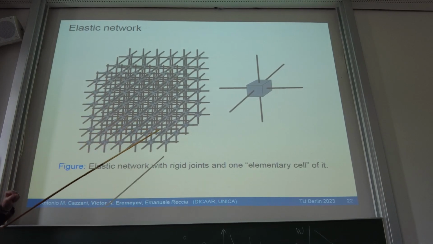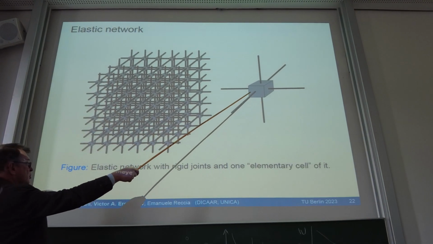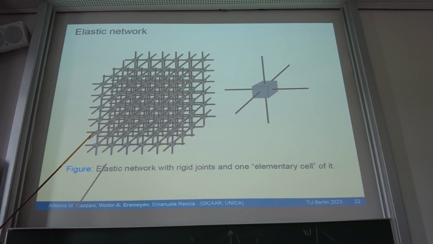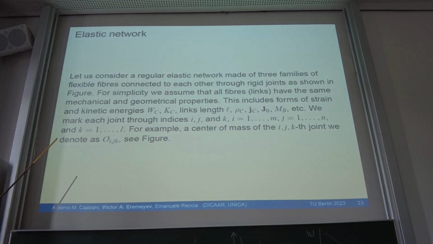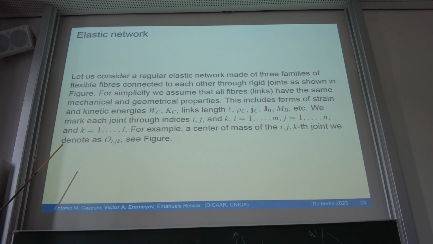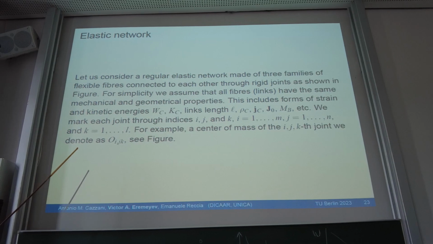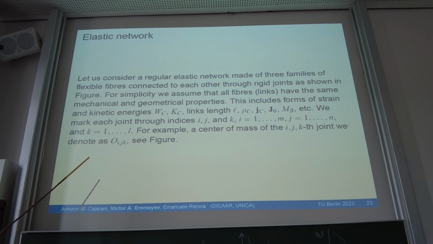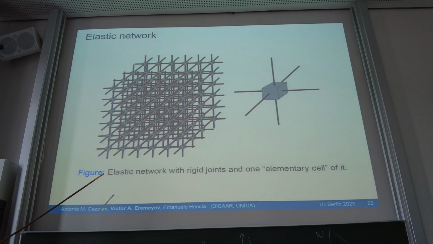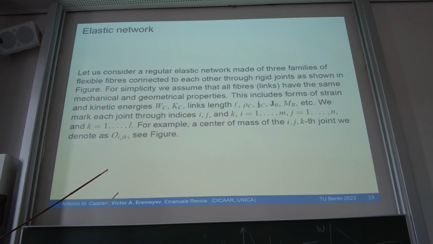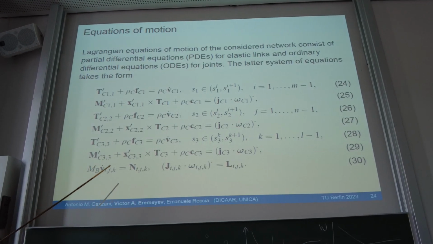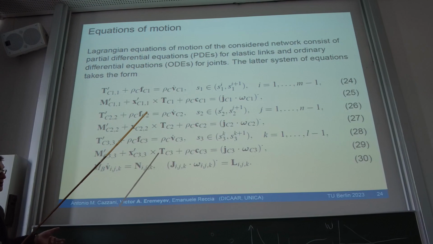In what follows it becomes just my point in the Cosserat continuum. So I have a lot of parameters. I have kinetic energy, I have all the ingredients and can write the system of equations.